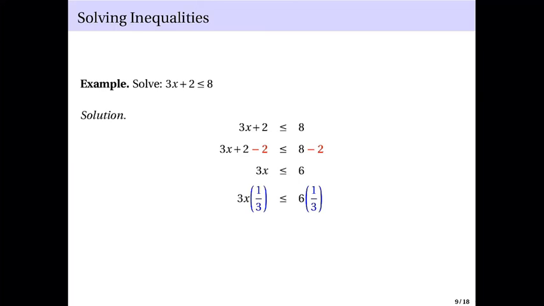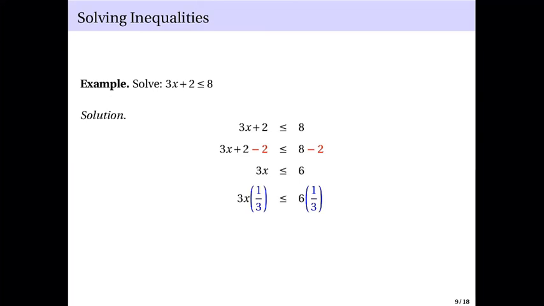Okay? So on the left-hand side, I multiplied 1/3. On the right-hand side, I also multiplied 1/3. And take note, 1/3 is a positive number. And remember, if you multiply both the left-hand side and the right-hand side of the inequality by a positive number, the inequality symbol will be retained.